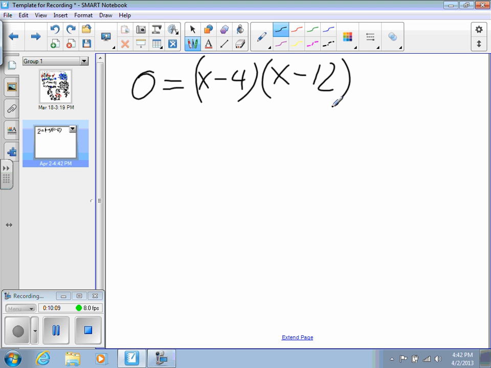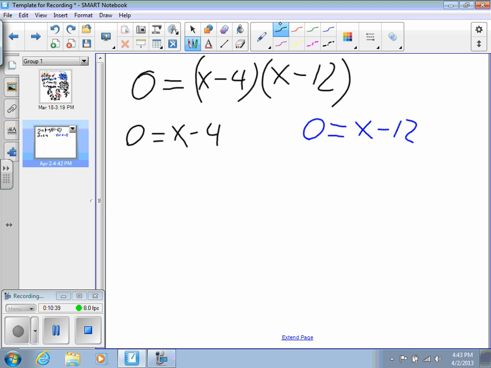Okay, so I break this apart into two equations to solve it, setting each of them equal to 0. So 0 equals x minus 4, and 0 equals x minus 12. And I guess I don't really need those parentheses, so let me take them back out.